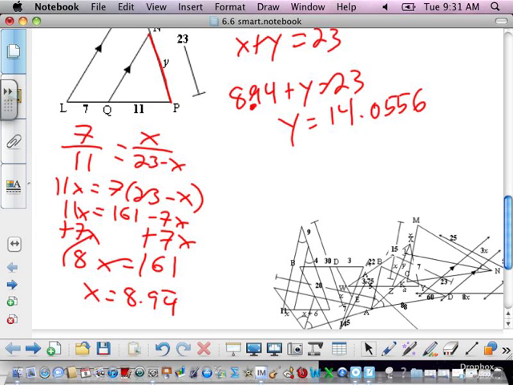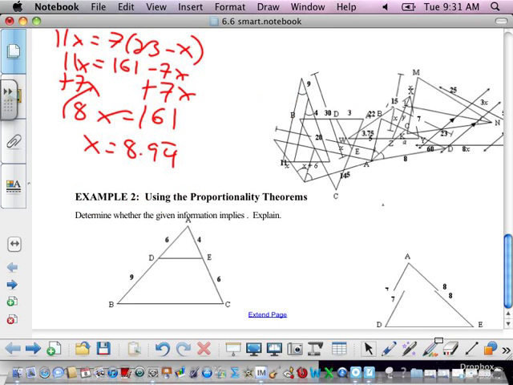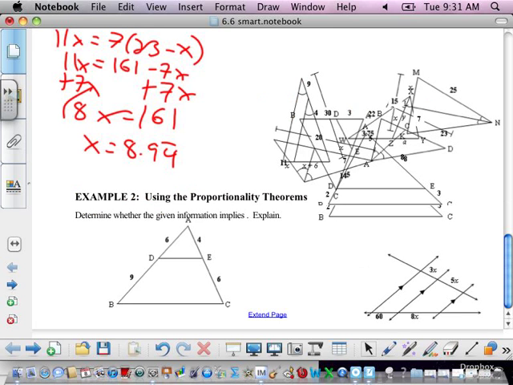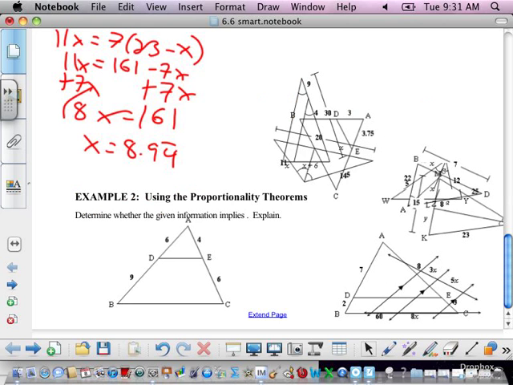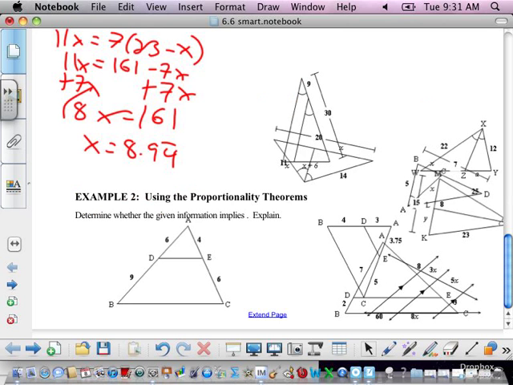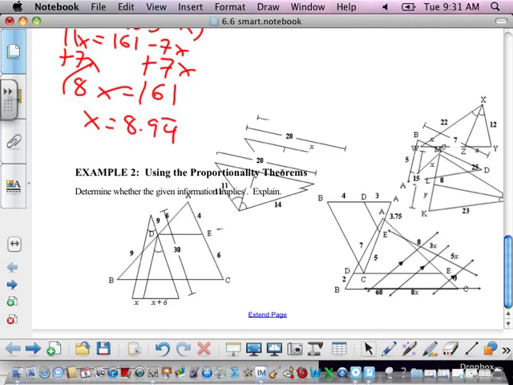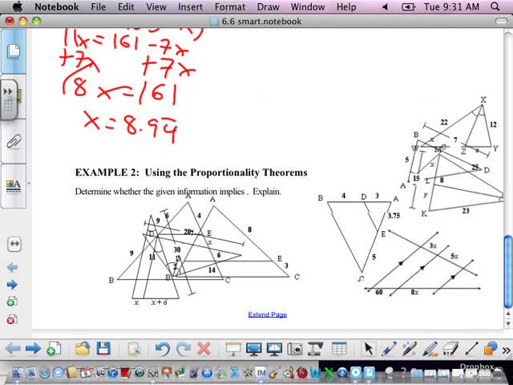Look at them again. If you looked at D, so let's pull D up. Sorry, I know this is messy.